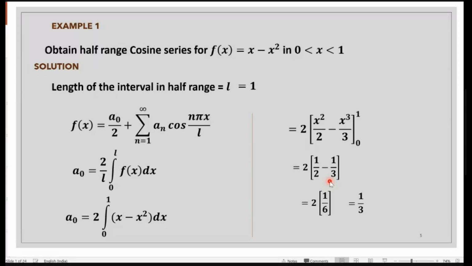Now calculating an using the formula for an. an is 2 by L integral 0 to L f of x into cos n pi x by L dx.